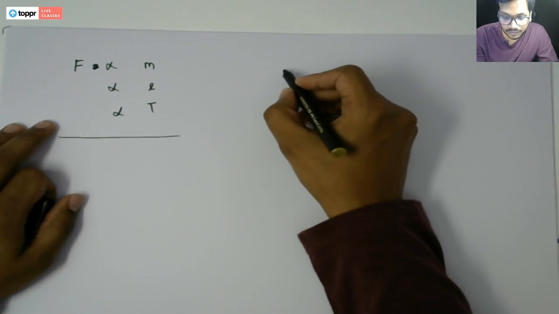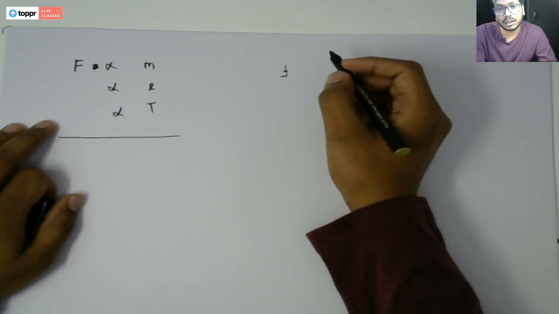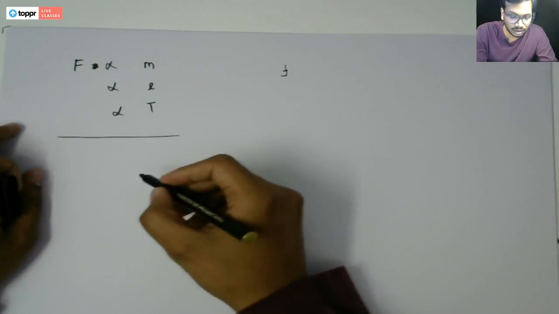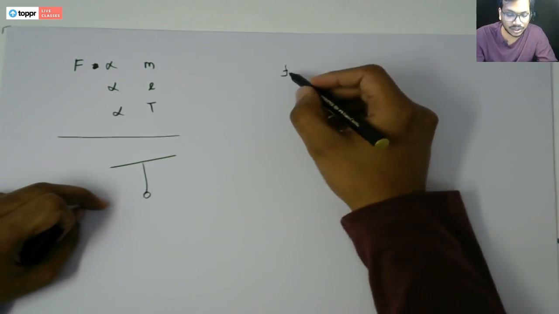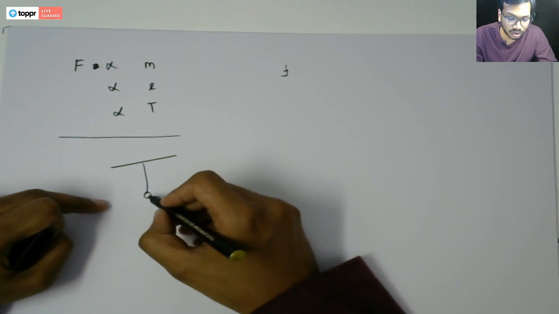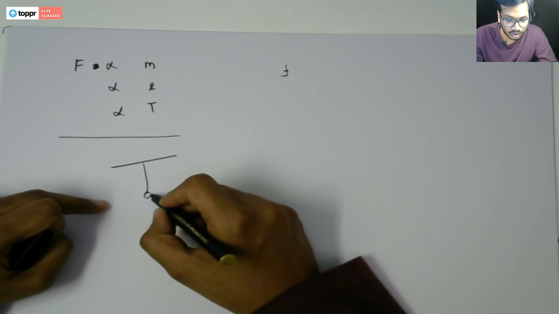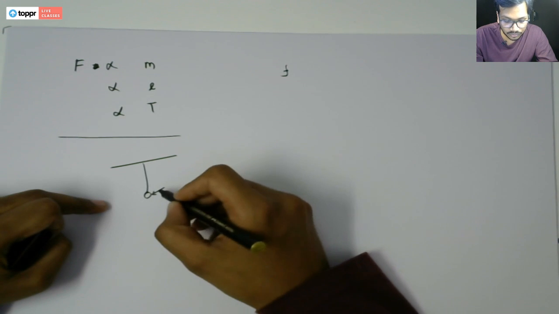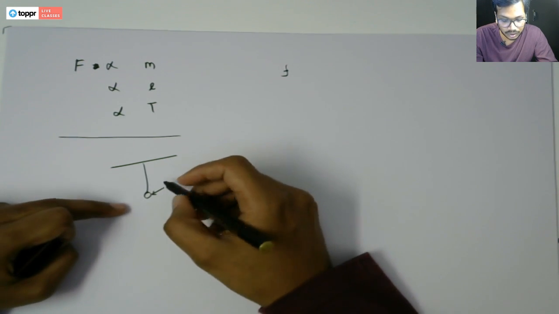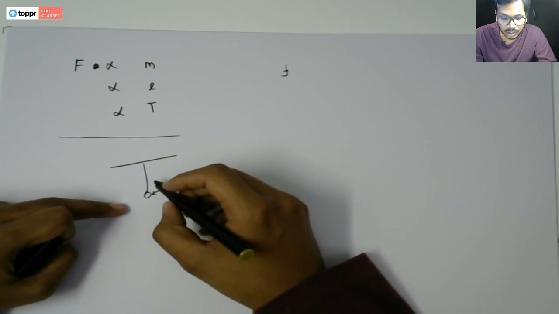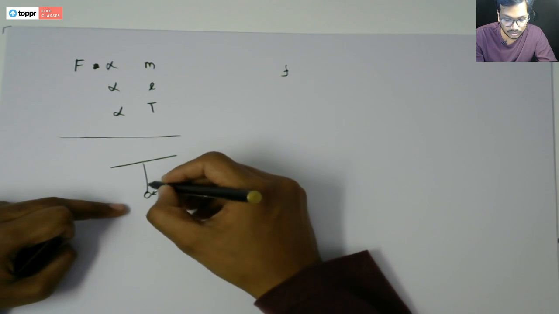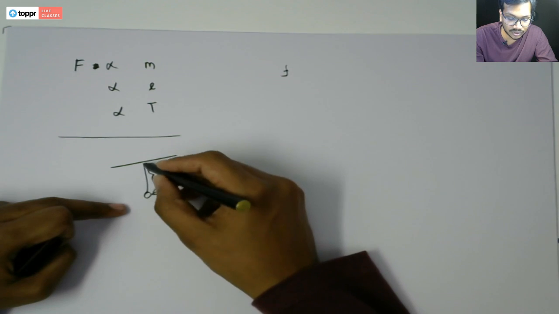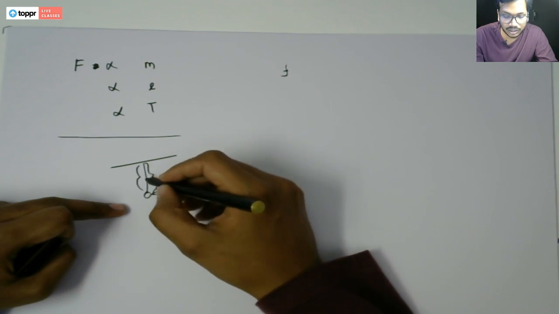So let's say we have a pendulum, and the frequency f of its oscillation depends on the force acting on the ball. It depends on the length of the string, and it depends on the mass per unit length of the string.